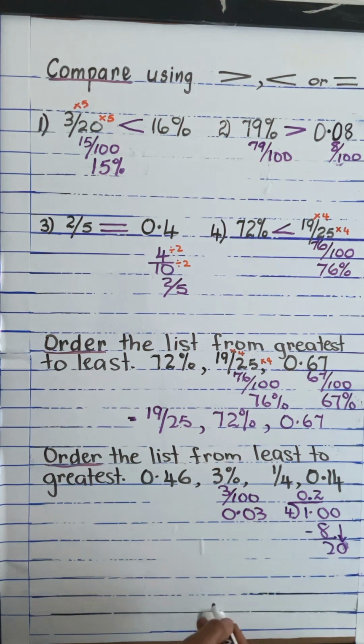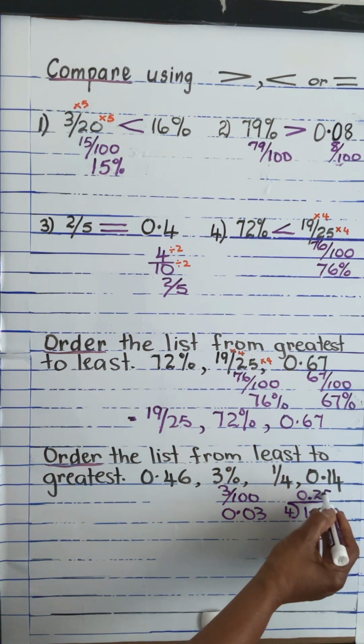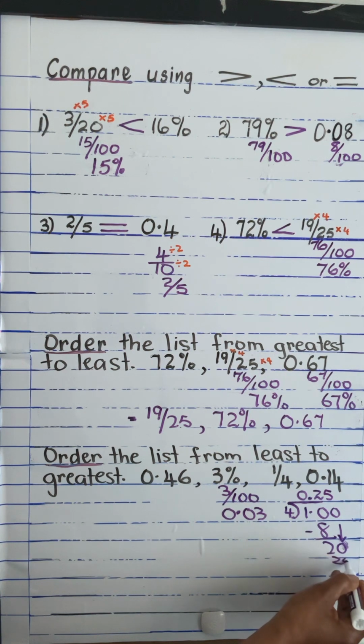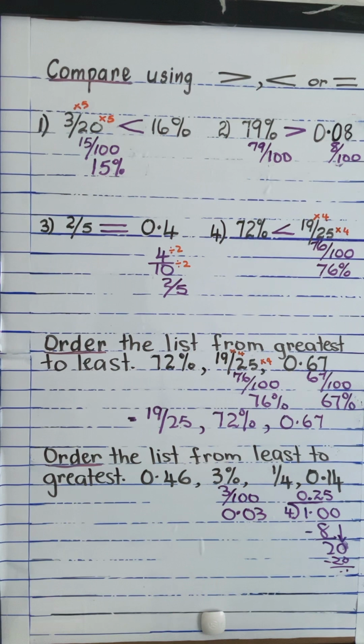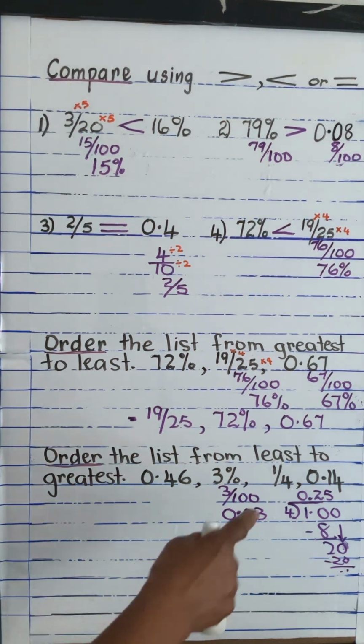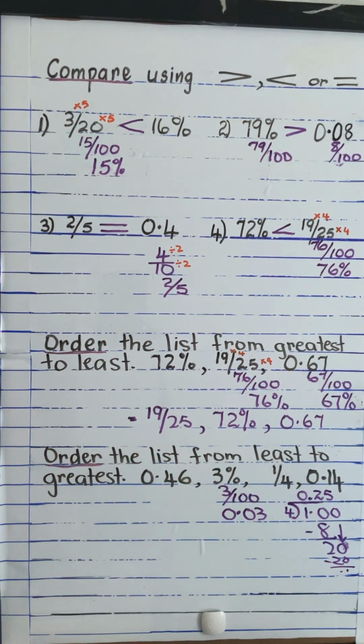How many times can 4 go into 20? 5 times. Multiply, subtract. So a quarter is equal to 0.25.